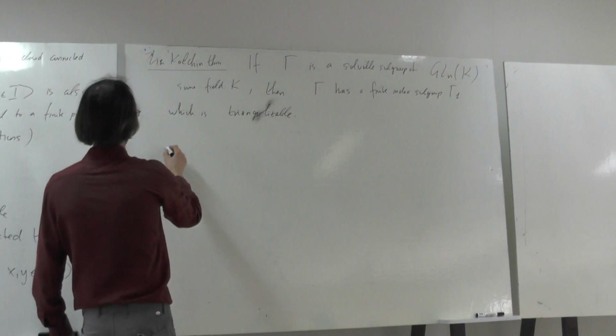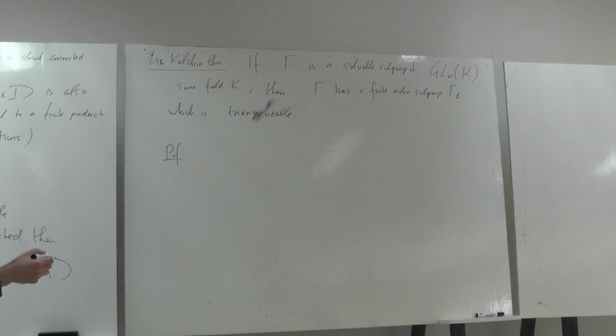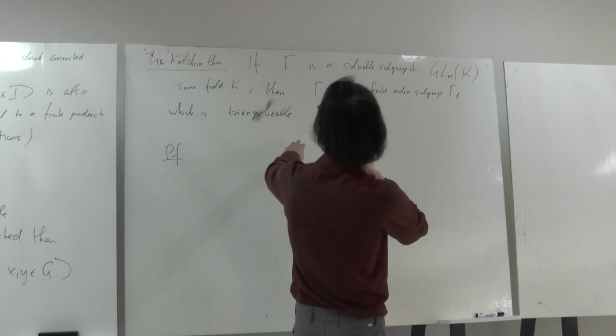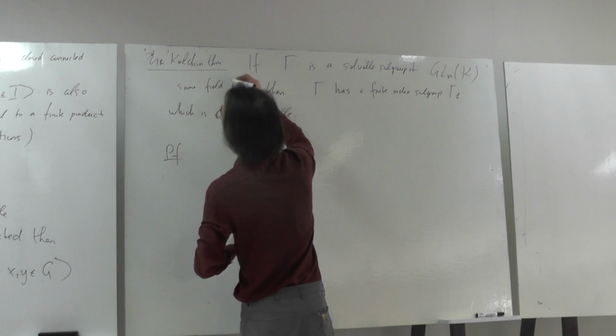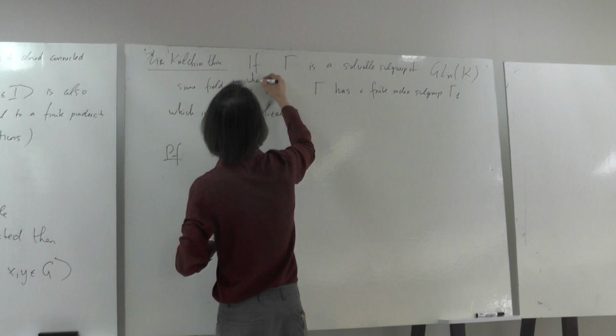Right? And over it's algebraic, so over some algebraic. Yeah, K is always algebraic.